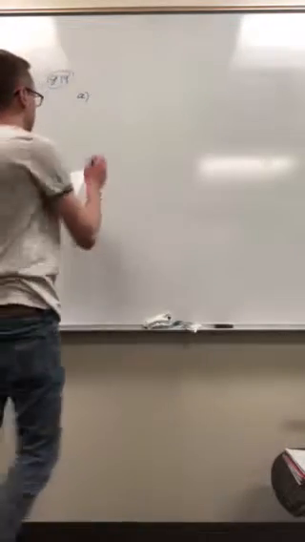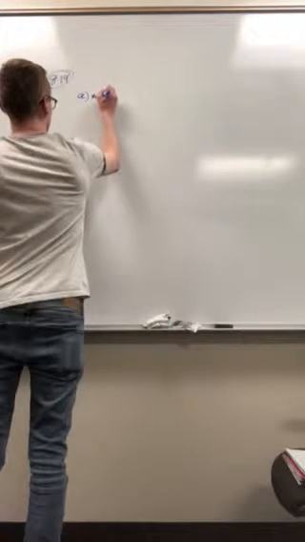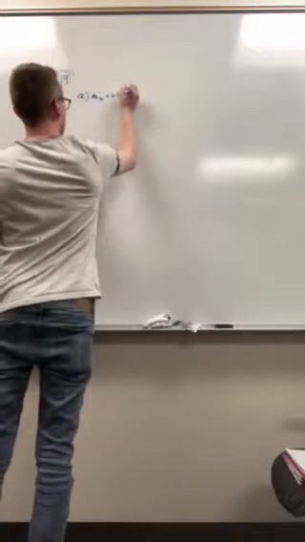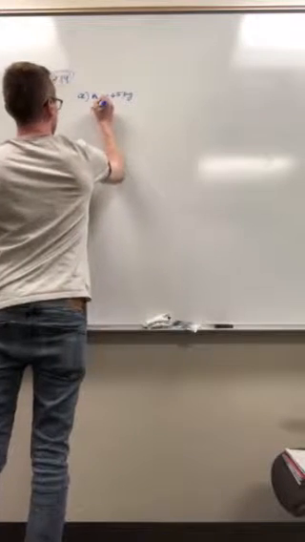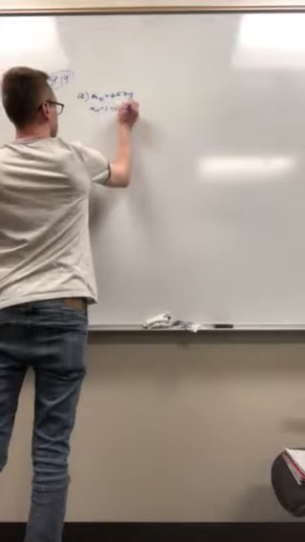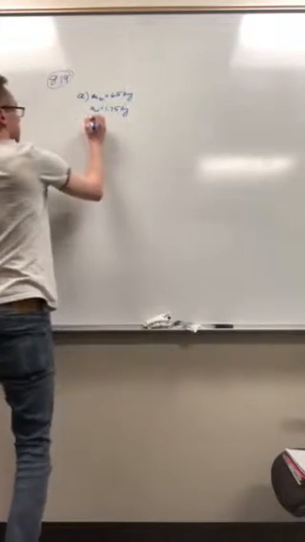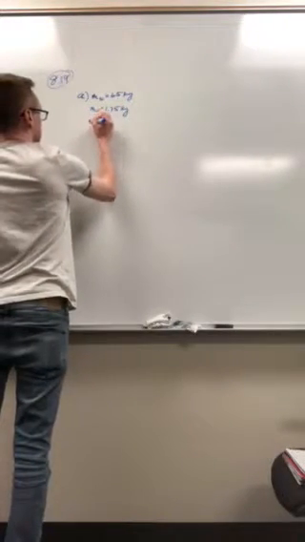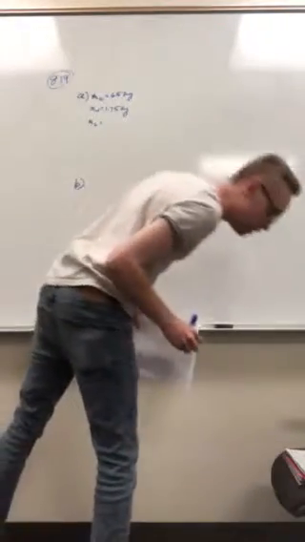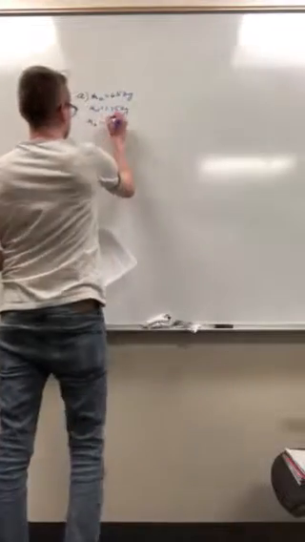So to start off, we have the total mass is equal to 6.5 kilograms. The mass of the water is equal to 1.75 kilograms. Therefore, the difference of those gives us the mass of the squid, which equals 4.75 kilograms.